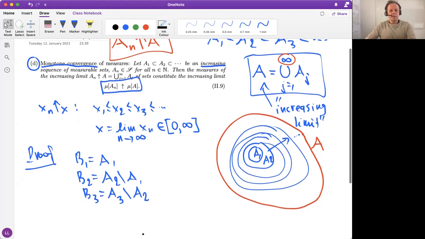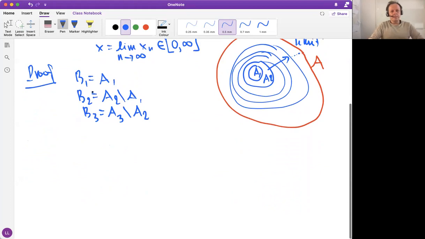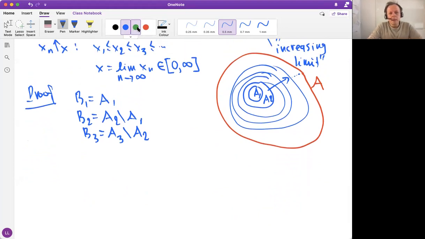So we define B1 to be A1, we define B2 to be A2 set minus A1, and B3 to be A3 set minus A2. So let's see. A1 is here in the center. That's the core, kind of. Then B2 is now this set here.